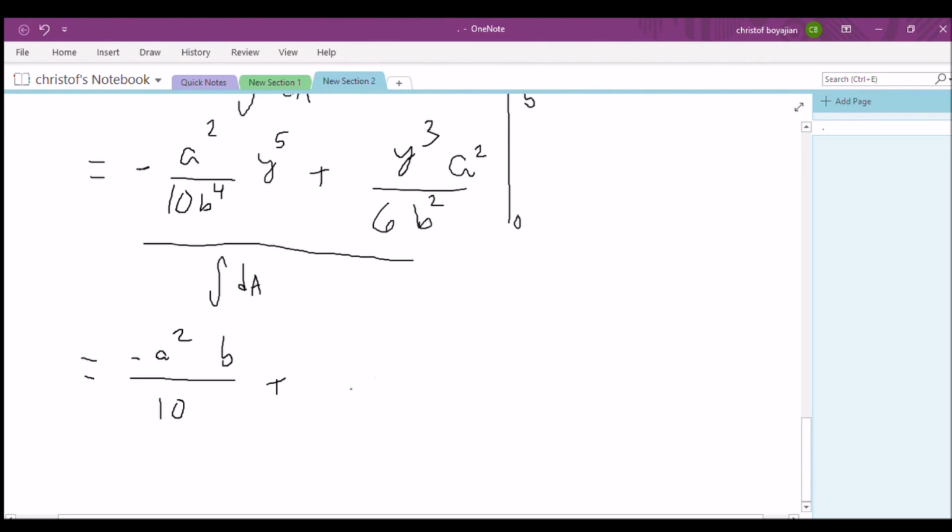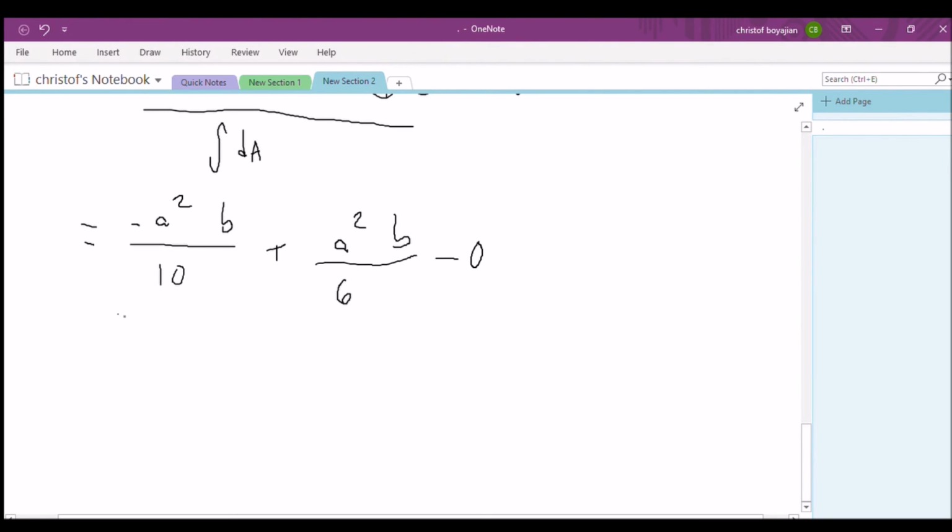So it should just simplify to a squared b in the numerator over 6. And if we plug in 0, these terms should be 0 because 0 in the numerator should result in a 0, so it's going to be minus a net 0, divided by our integral of dA.